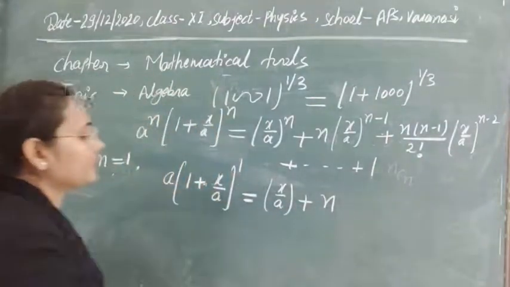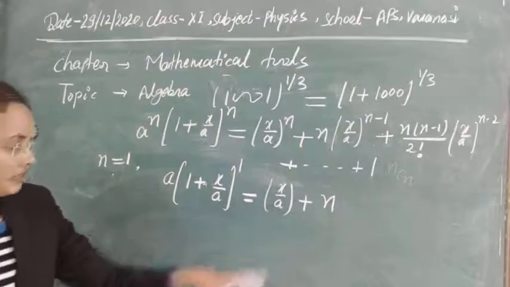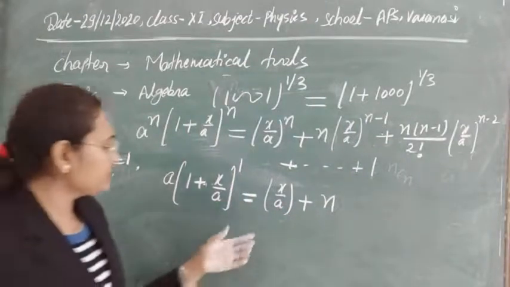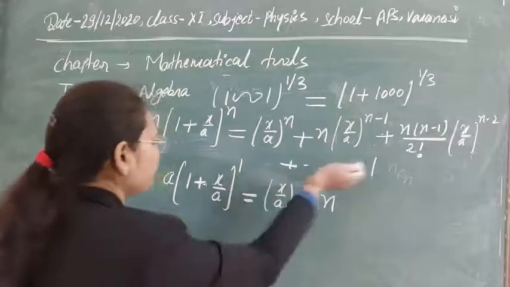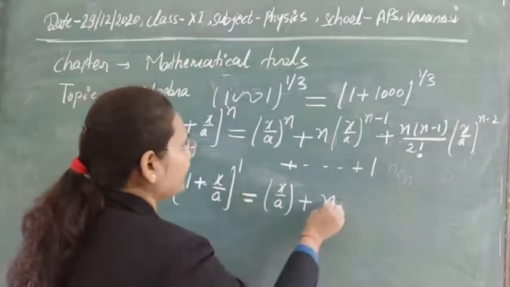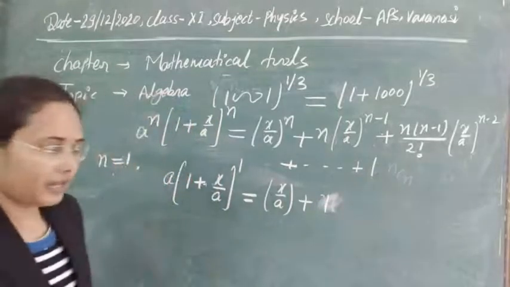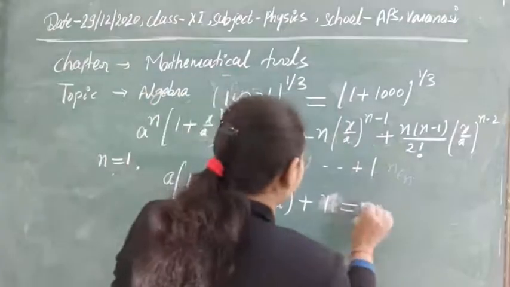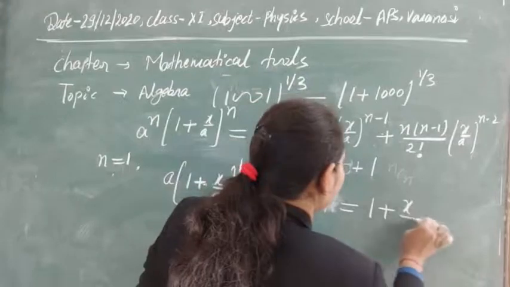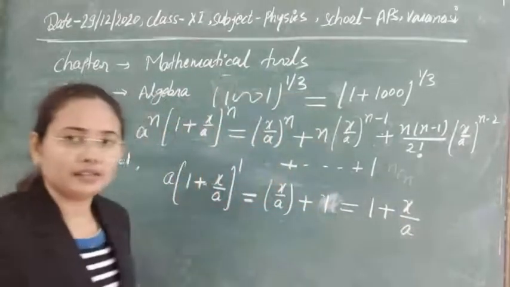So finally you are getting such a thing. Then in this way you can see easily here our value of n is equal to 1. So in another way, if you want to write this equation, you can write 1 plus x by a. Clear?